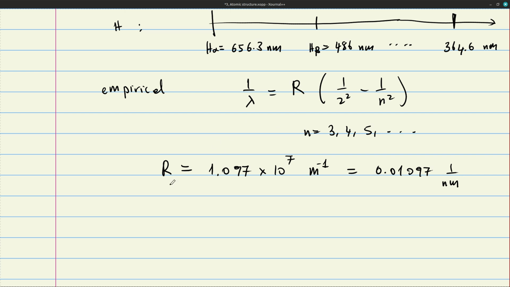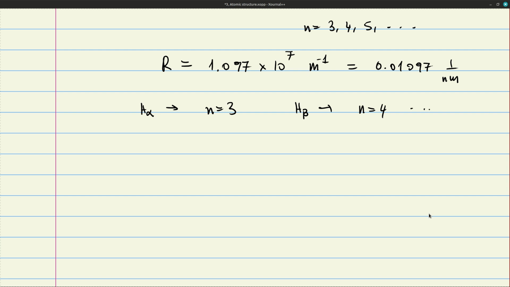And for example, here H alpha was obtained by putting n equal to 3, and H beta was obtained by putting n equal to 4, and so on. So this is what we call today the Balmer series.